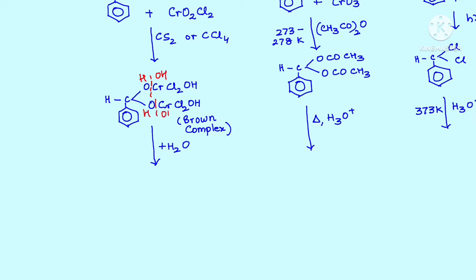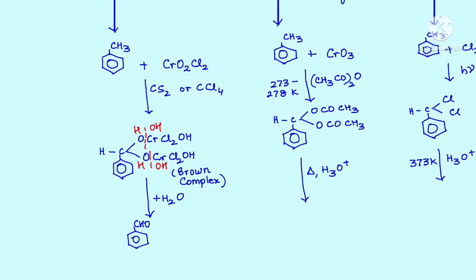You don't need to show the intermediate, and you can directly go on to show the compound form, that is benzaldehyde. We are simply writing it as a skeletal equation, so don't worry about the side products. We can concentrate on organic chemistry, right? Have you written this down?